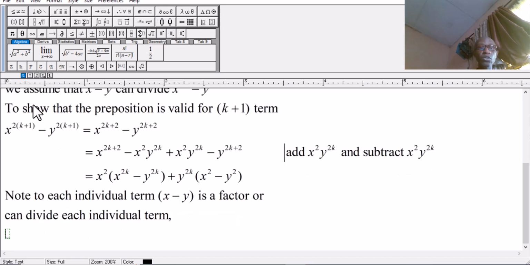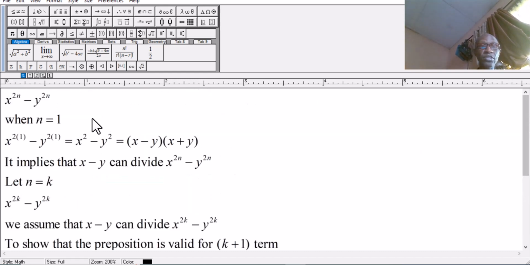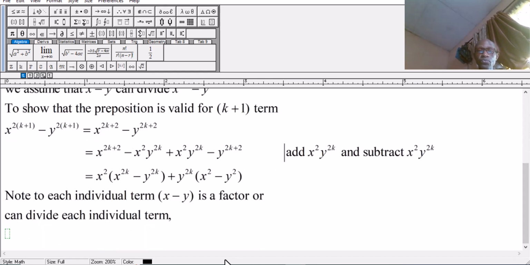Now if you look at this, x raised to the power of 2k minus y raised to the power of 2k, x minus y can divide it. We have already shown that from our assumption, that x minus y can divide x raised to the power of 2k minus y raised to the power of 2k.